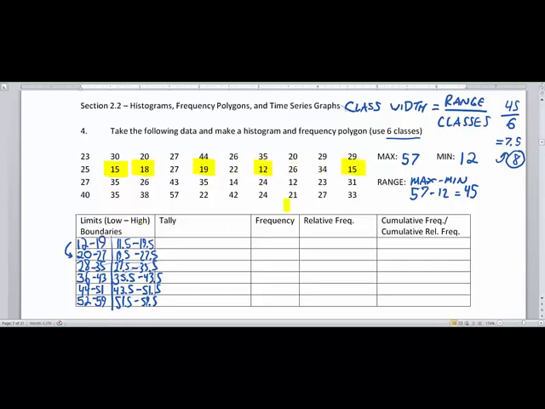There's our minimum and maximum inside of this class. And then 15. So if I was doing this with my finger instead of a highlighter, I would go, okay, 1, 2, 3, 4, 5. And I make 5 tally marks. And as I get done with the 5th tally mark, I draw a strike through it, and that allows me to count very easily at the very end. So let me finish with my highlighter.